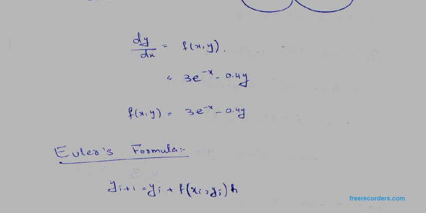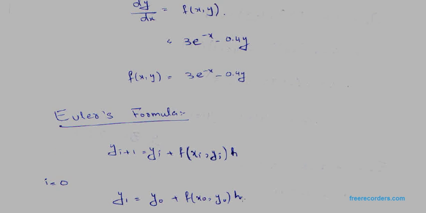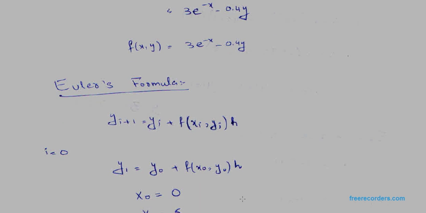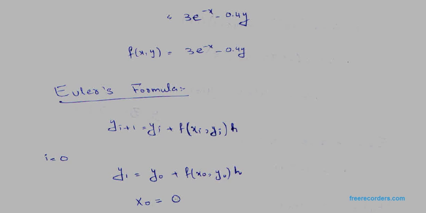So this is the formula of Euler's method: y_(i+1) equals y_i plus f(x_i, y_i) times the step size h. In the first iteration we take i equal to 0, and it becomes y1 equals y0 plus f(x0, y0) times h.